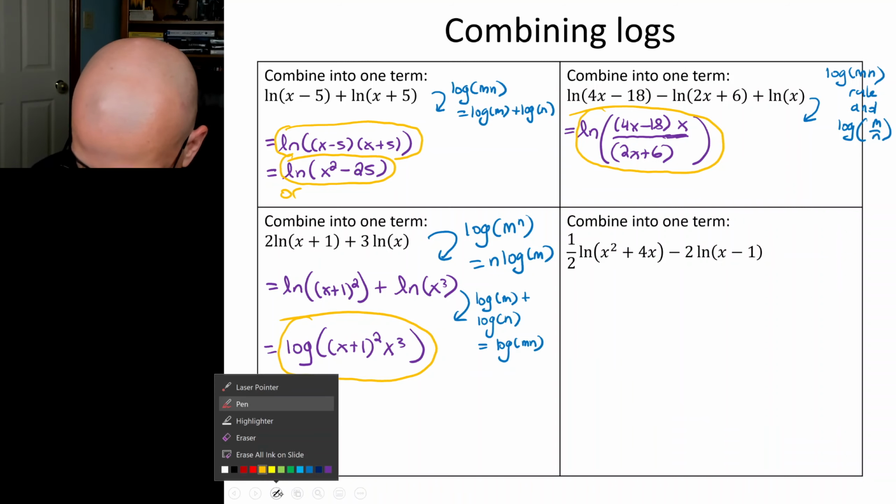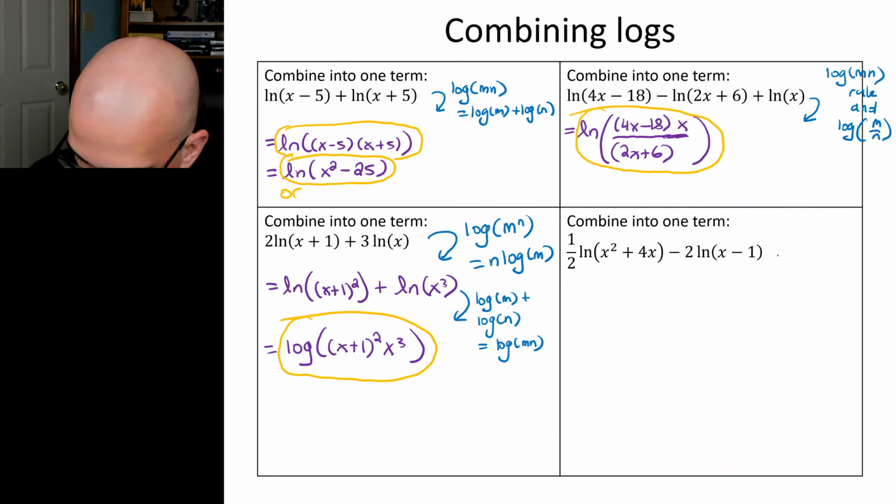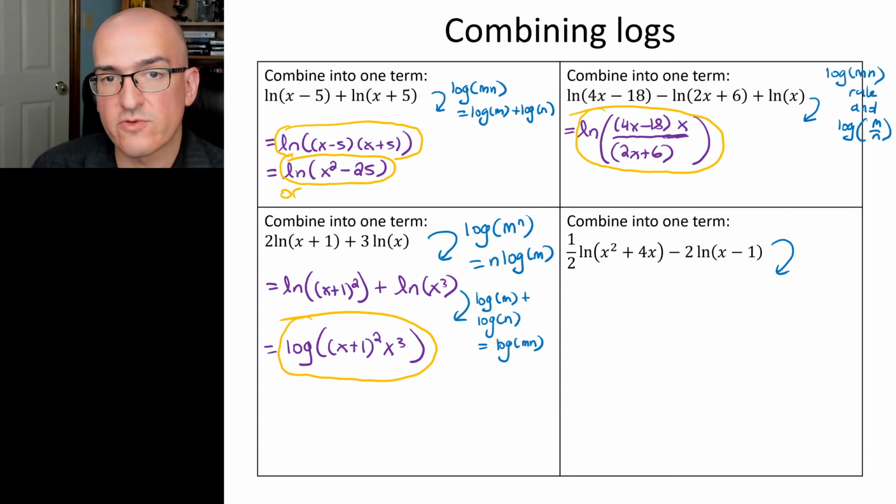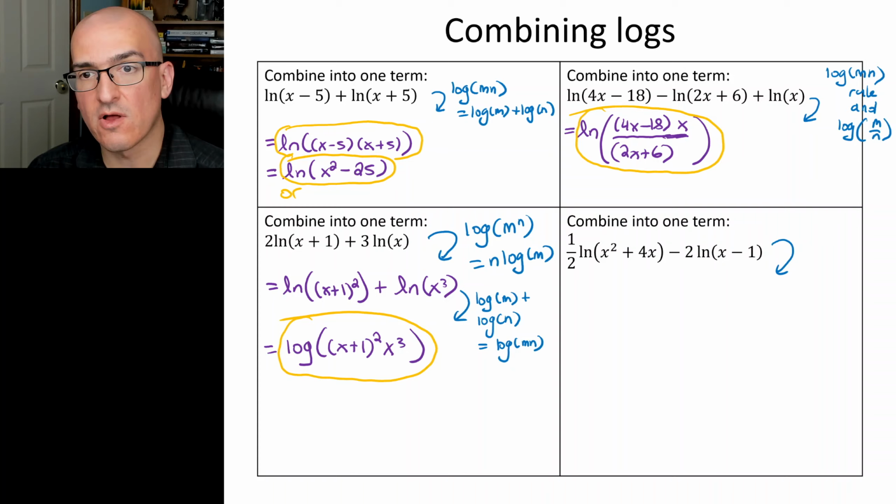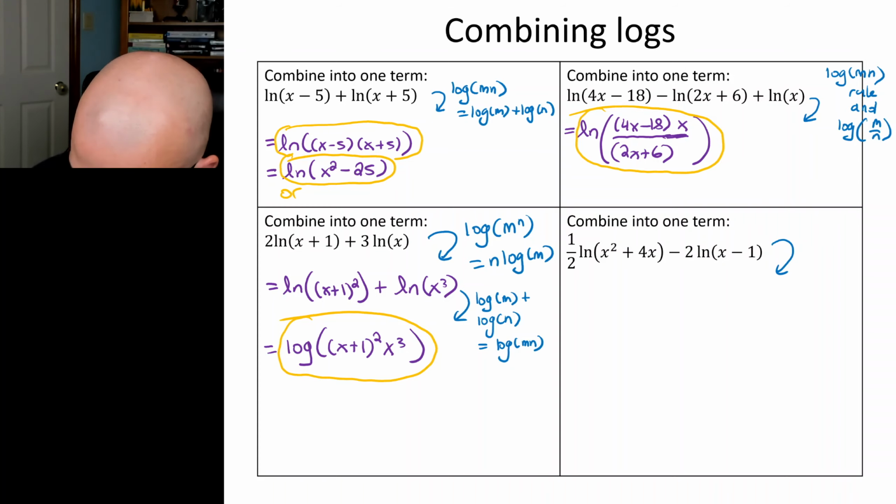All right, and then the last one, I'm going to start by making sure that those constants in front are brought up as powers to give us access to the other log properties, in this case, the log of m minus n property. So we're going to say log of m to the power of n is equal to n times log of m. We're just using it in reverse.